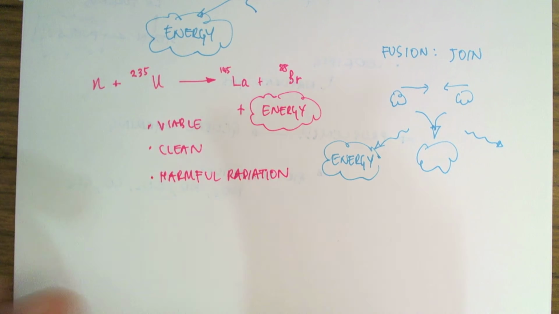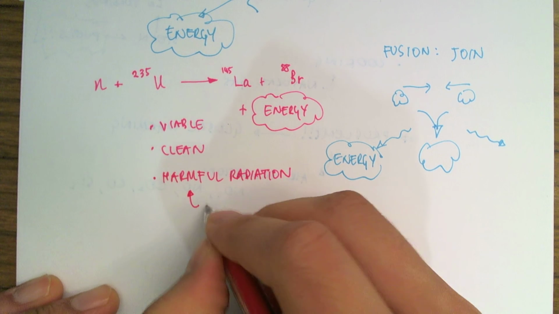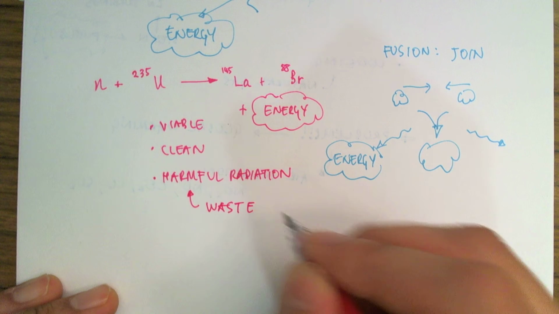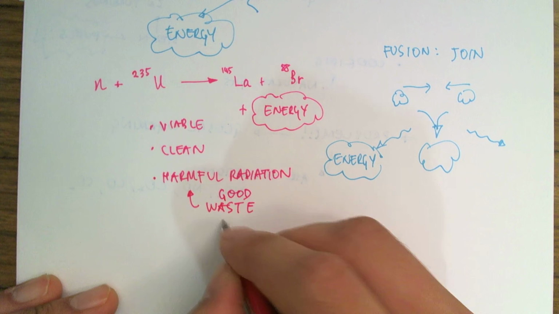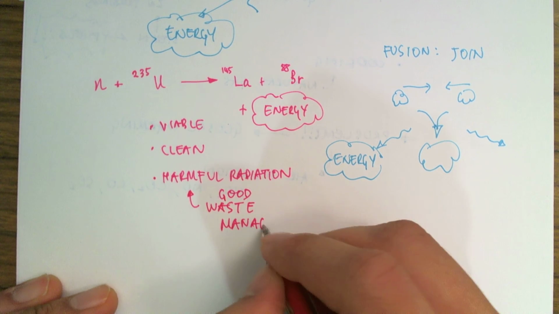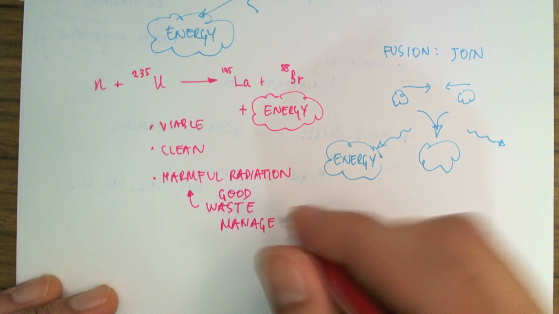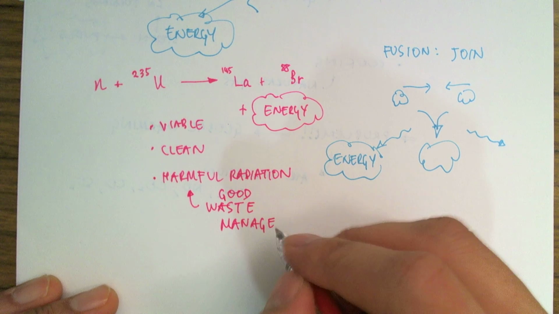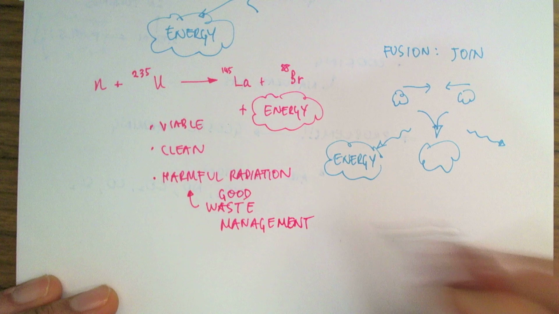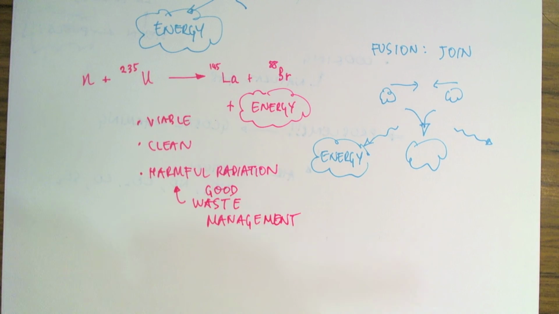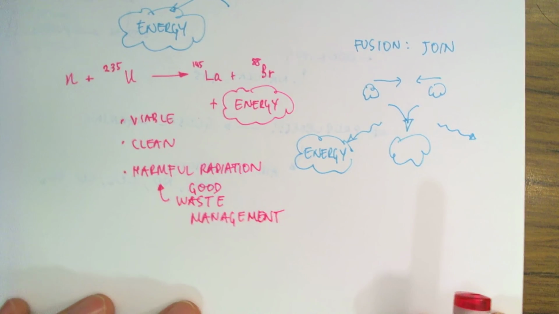Therefore, the waste needs to be gotten rid of very carefully. So you need good waste management. Typically, it's buried deep underground in thick rooms filled with lead to make sure that they don't leak out anywhere else, right?